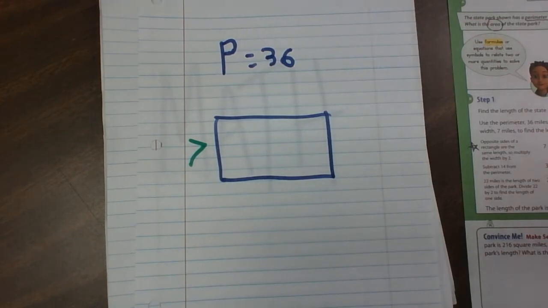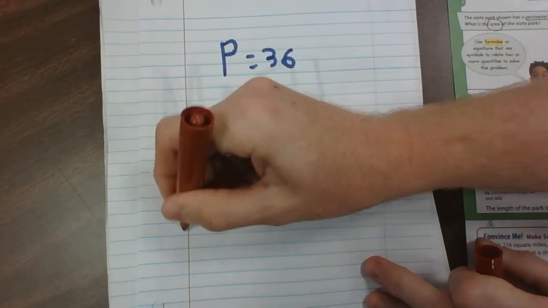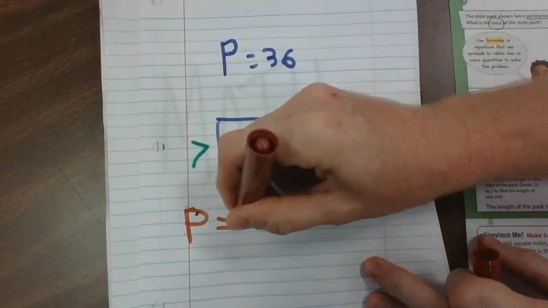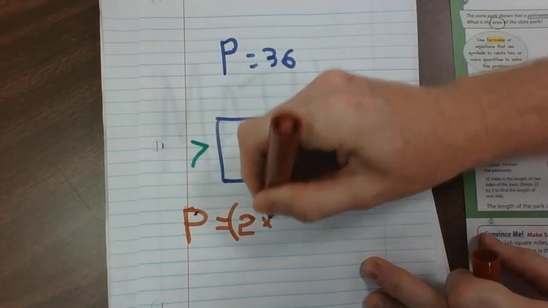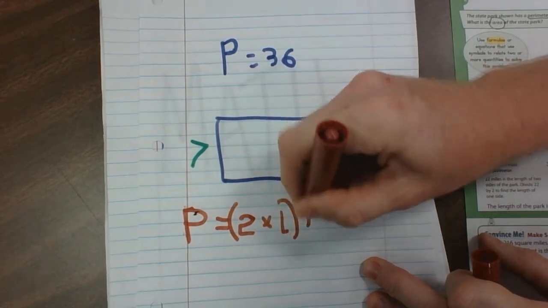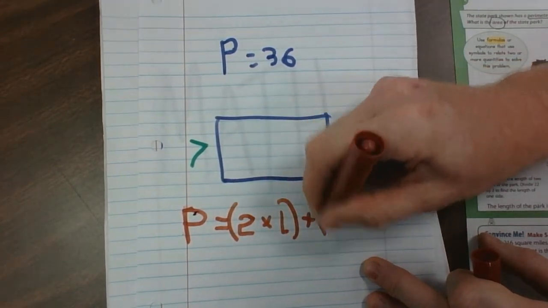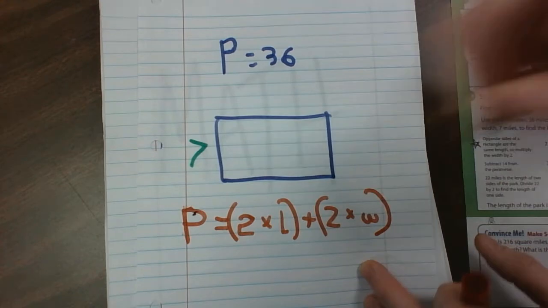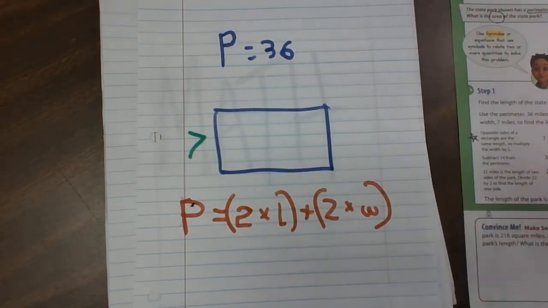Now, what they said was, okay, they are telling us that perimeter equals 2 times the length plus 2 times the width. All right? So plug in your numbers here.